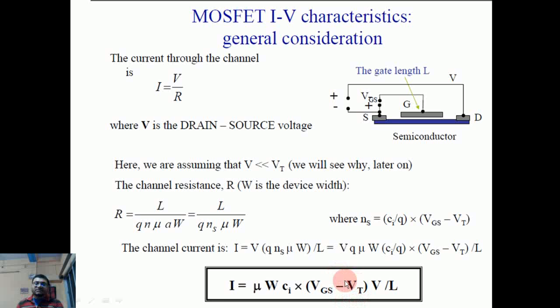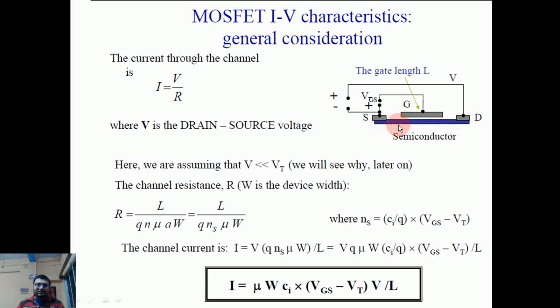Threshold voltage means the minimum voltage applied to form the channel in between source and drain. Whenever the gate voltage is applied, the electrons from the substrate are accumulated under the gate, and the minimum voltage to form this channel in between source and drain is called the threshold voltage.